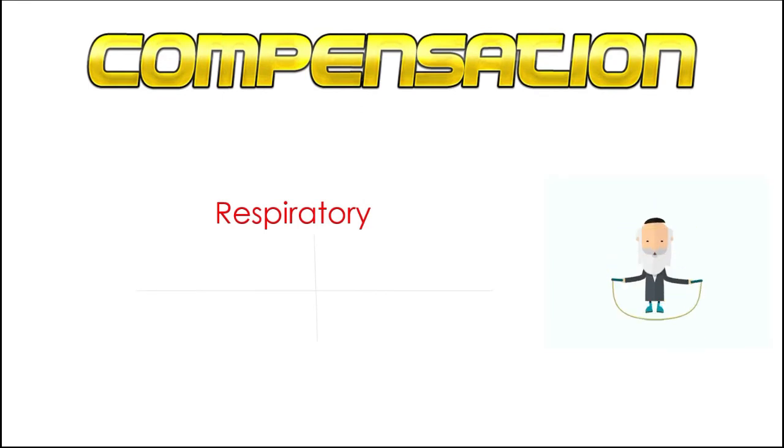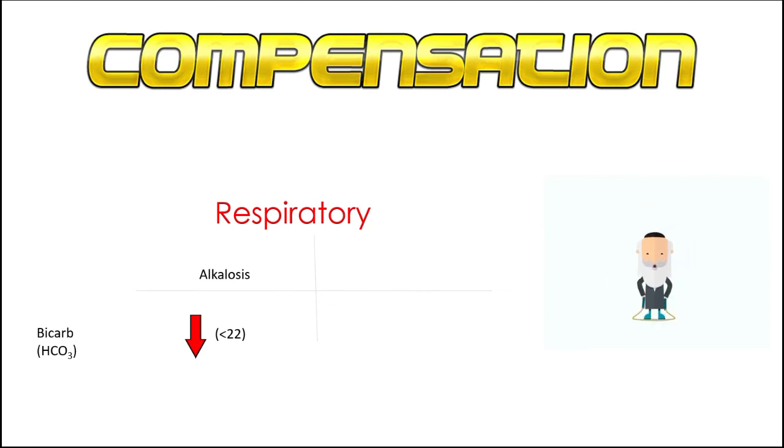Now let's try to understand what the body does when acid-base imbalance happens. The body compensates for the respiratory origin imbalances by adjusting the bicarbonate levels. In case of respiratory alkalosis, the body tries to reduce the bicarbonate levels by excreting it through the kidneys.